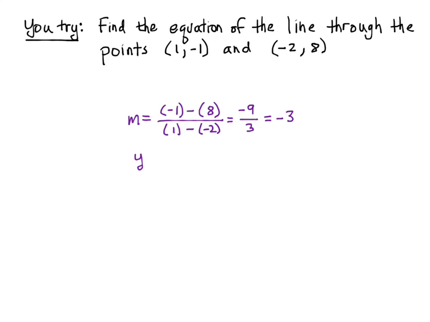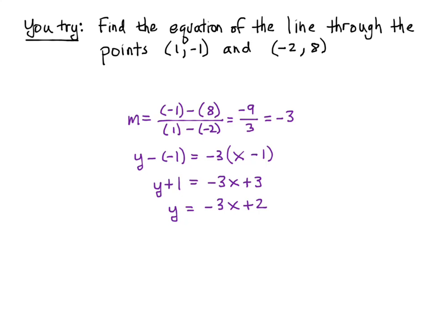There's your slope. Then I stick it into the point slope form with that first point. And then I'm going to distribute the -3 to get a +3 at the end there, and then subtract 1 from both sides, and I get -3x plus 2. That work?